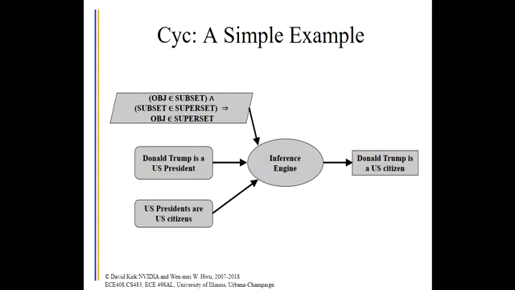So here's a simple example. The rule is that if an object belongs to a subset, and the subset is part of a superset, then the object will be part of the superset. Very simple, right? And so here is a simple question that Carl had.